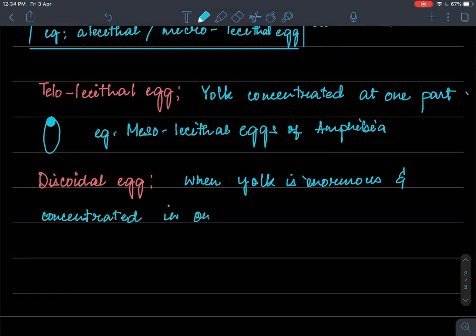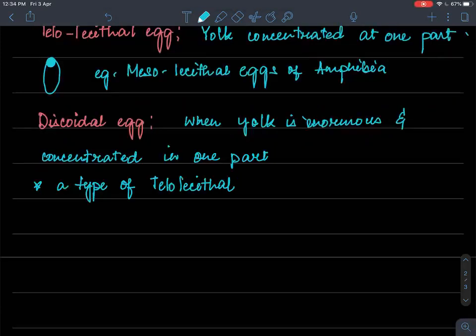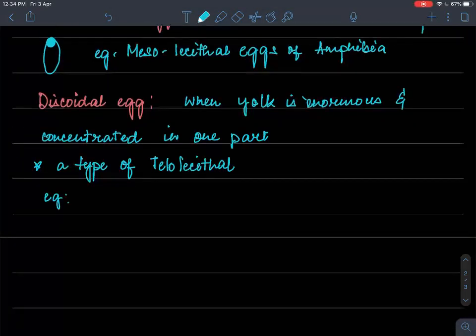It is a type of telolecithal, which means it is also at one end, but it will form a big structure of a disc. As for example, eggs of reptiles, birds, and prototherians. Prototherians are again the duckbill platypus.